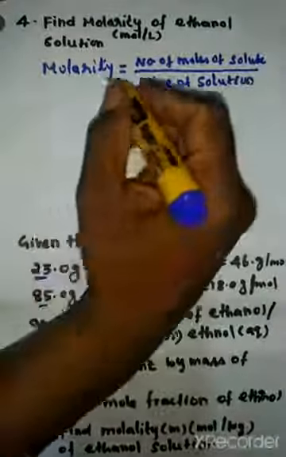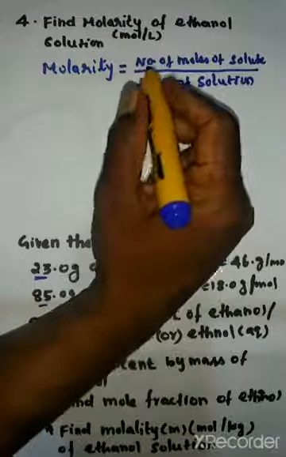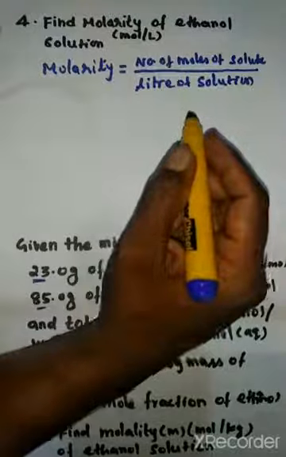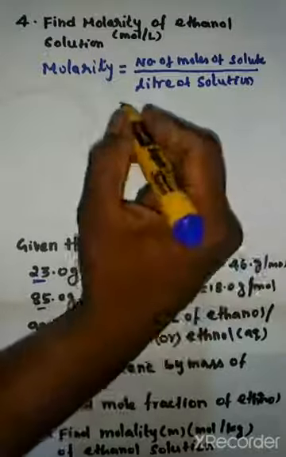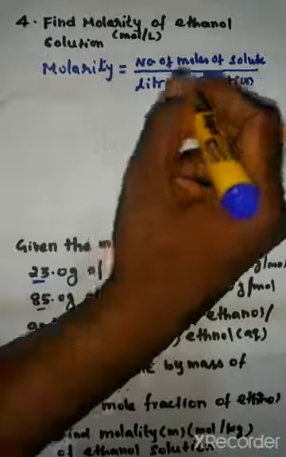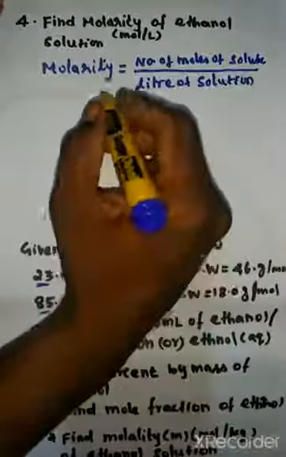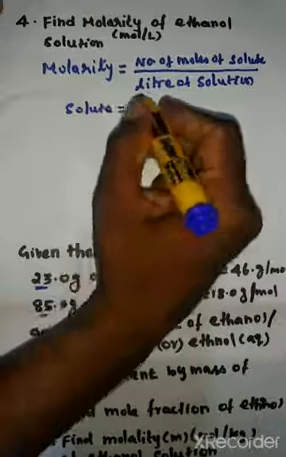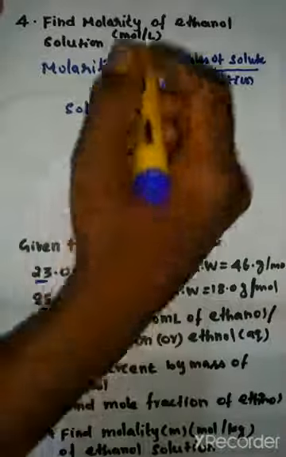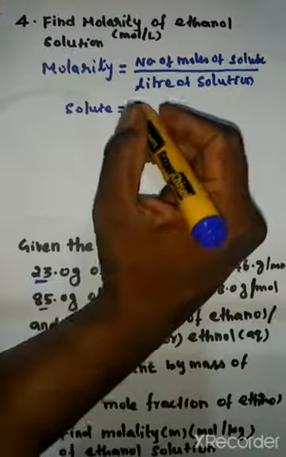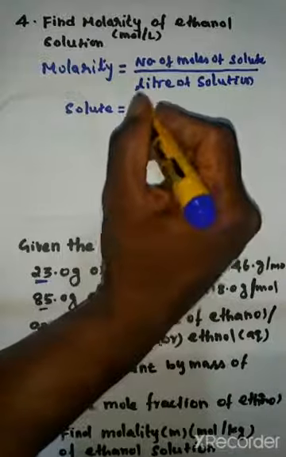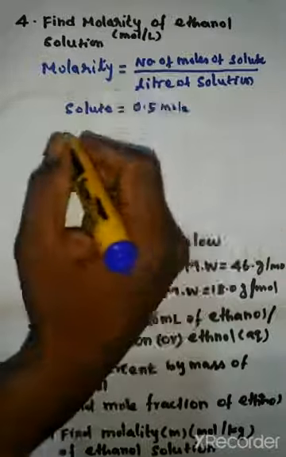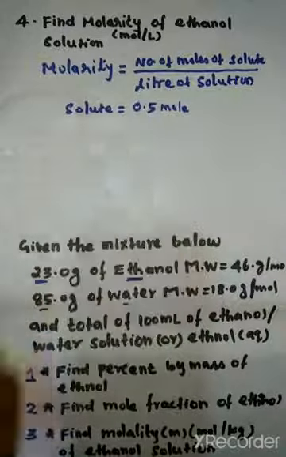So molarity is the ratio between the number of moles of solute and liters of solution. The solute here is ethanol. The number of moles of ethanol we found in the last problem, that is 0.5 mole.